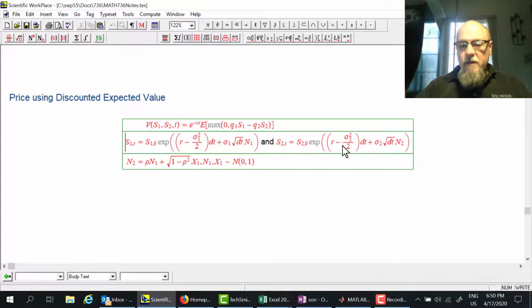We know how to generate the possible values of the stock. We just replace the drift rate with the risk-free rate of return so that we're pricing at risk-neutral probabilities. We have our way of calculating these N's that are correlated random numbers, and the expected value, literally discounted. That's the e to the minus RT times the discounted value.